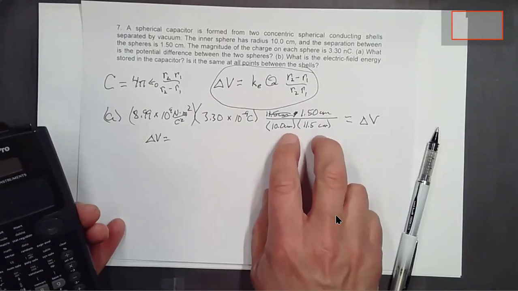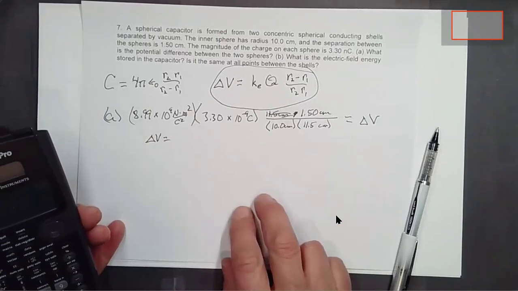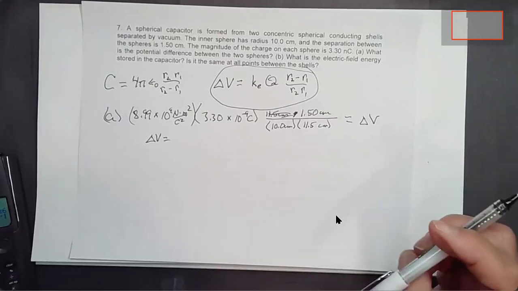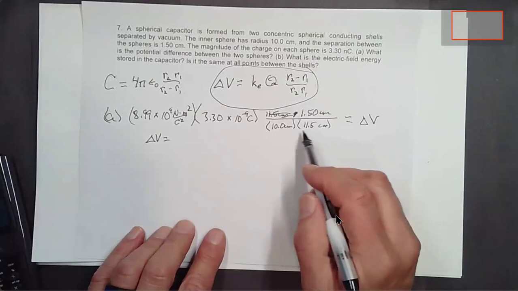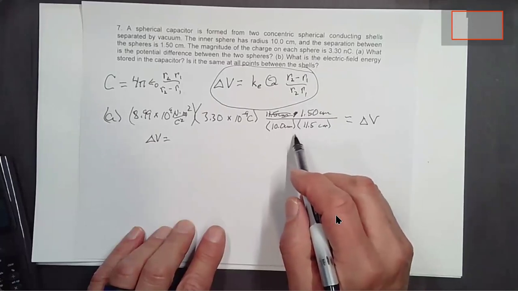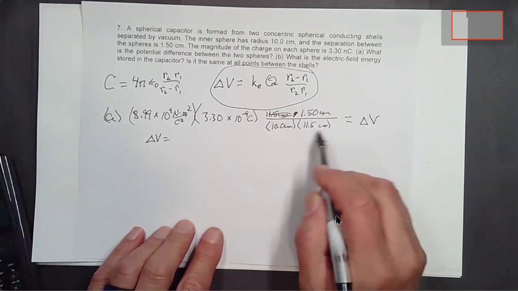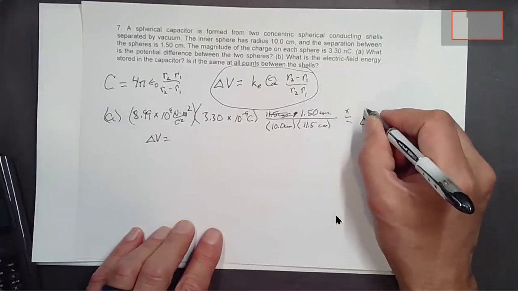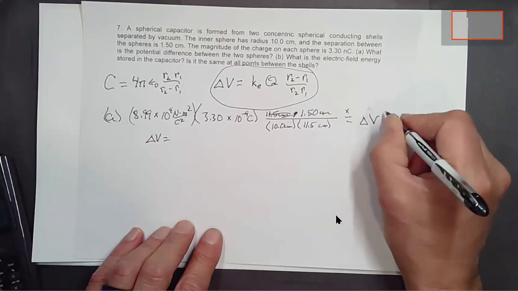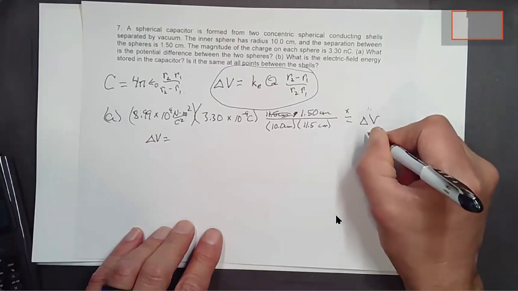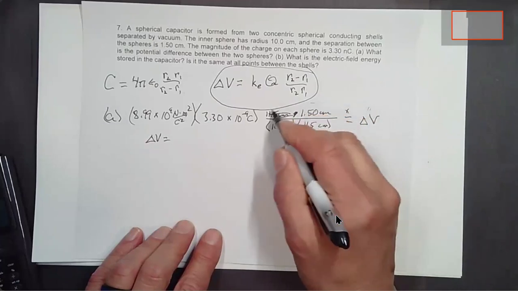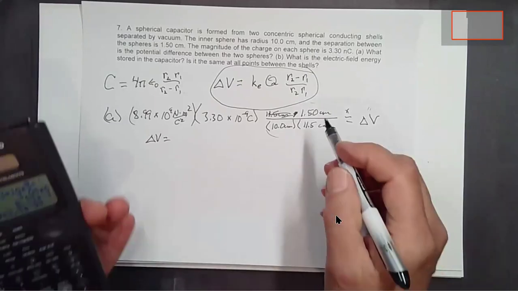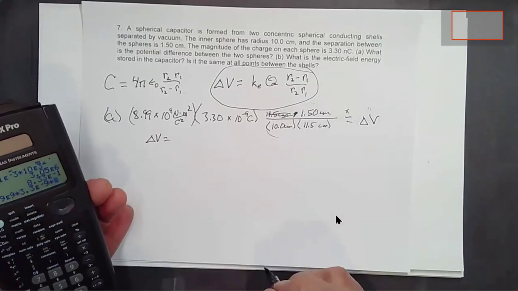Let's see, I'll need to change units on this, because I'll end up with centimeters on the bottom. If I multiply by 100 centimeters over 1 meter, I'll have to multiply the result of this by 100 in order to get meters on the bottom.